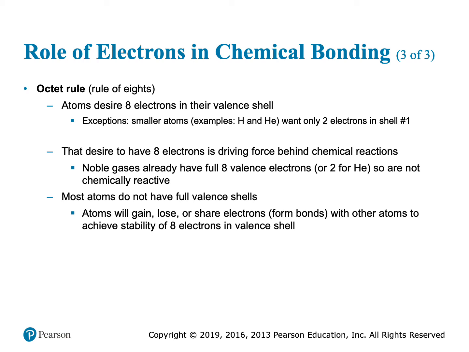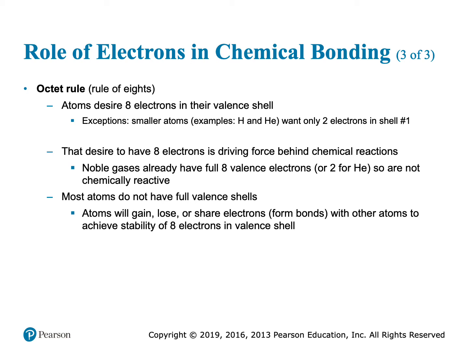The name of that desire to have 8 electrons is called the octet rule. The outer shell, the valence shell, wants 8. And if it doesn't have 8, that is the way a chemical reaction happens. It is the driving force, because if I don't have 8, that atom, once he leaves the periodic table, comes off that piece of paper, he's not happy anymore.